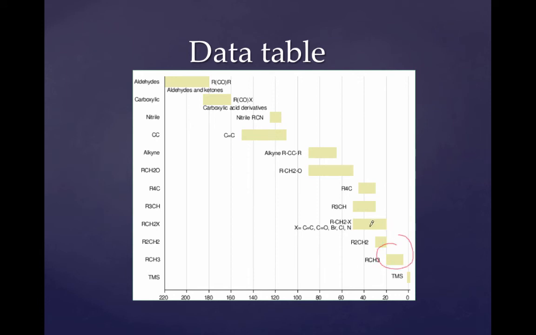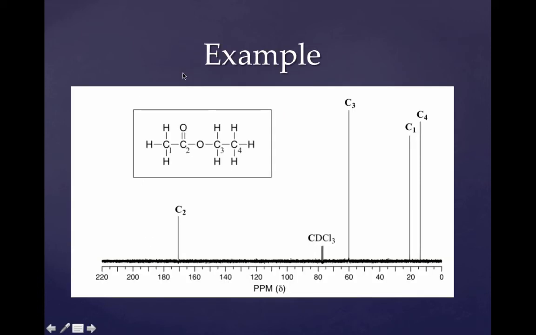From 20 to 50 parts per million, you're looking at the presence of a halogen. Around 180 to 220 indicates the carbon-oxygen double bond environment found in things like aldehydes and ketones.